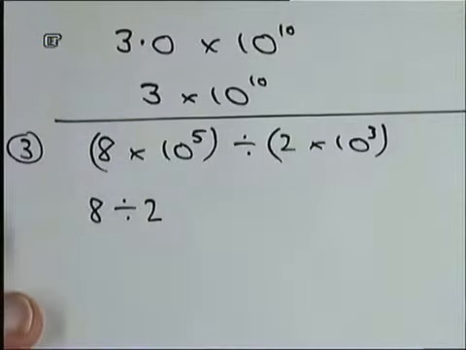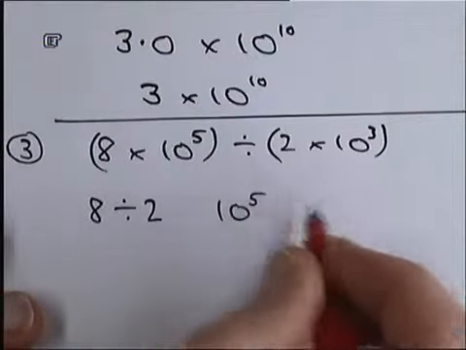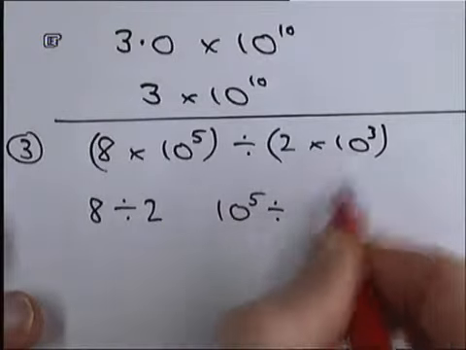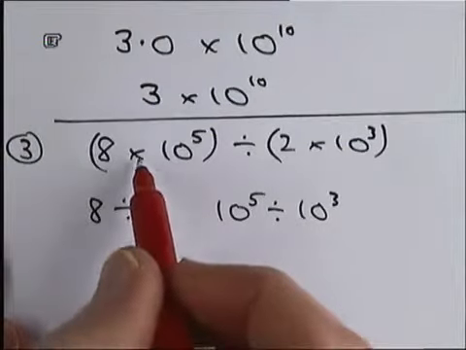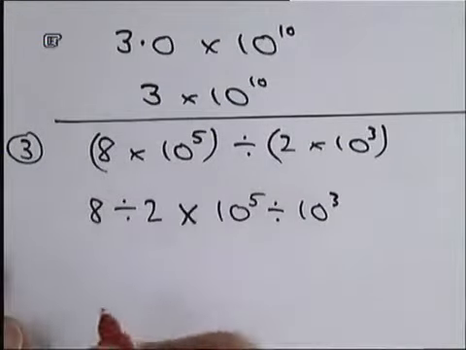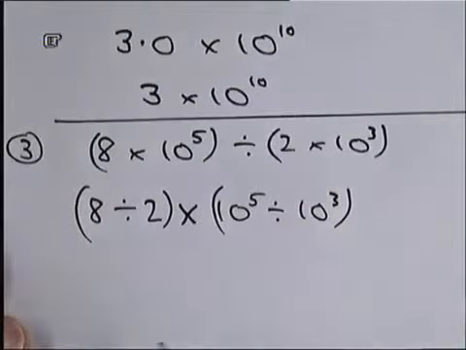This 10 bit, you've got 10 to the power of 5, which is being divided by 10 to the power of 3. But these bits are being multiplied together. These multiply signs you can just sort of put in there. And now you can think of this as a question split up like this.